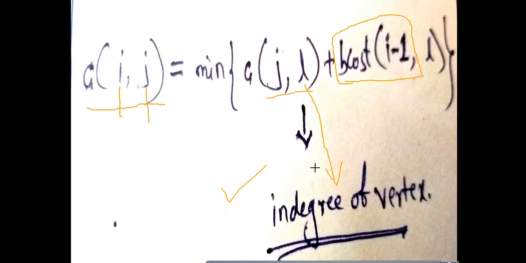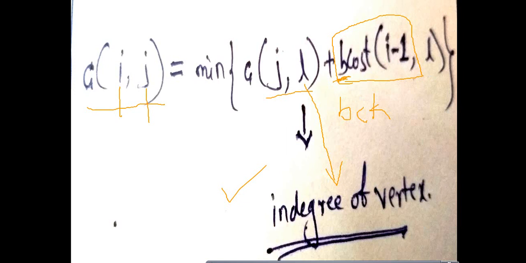In the forward approach we use i plus 1, but here i minus 1. What is the meaning of this b? b is nothing but backward approach. That's why we are using b. So b stands for backward, cost of i minus 1 comma l.